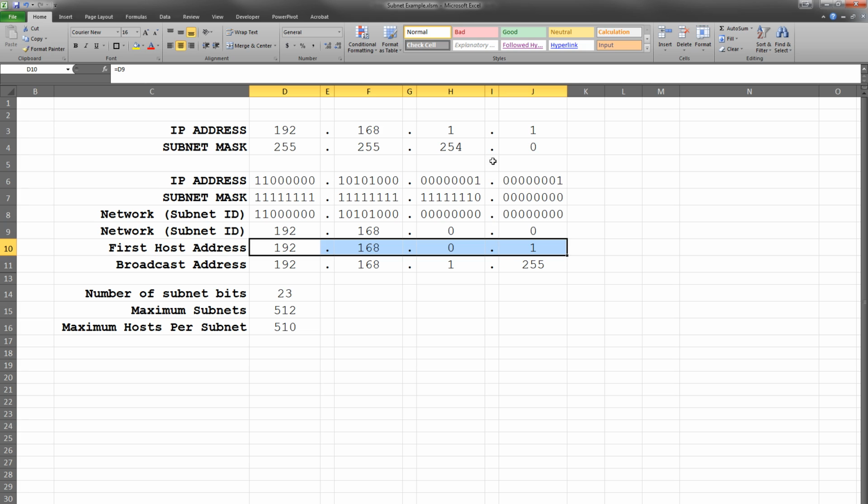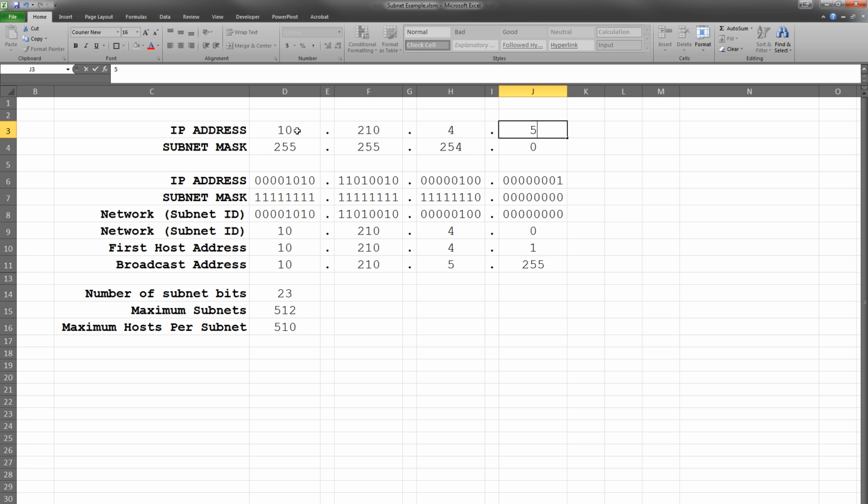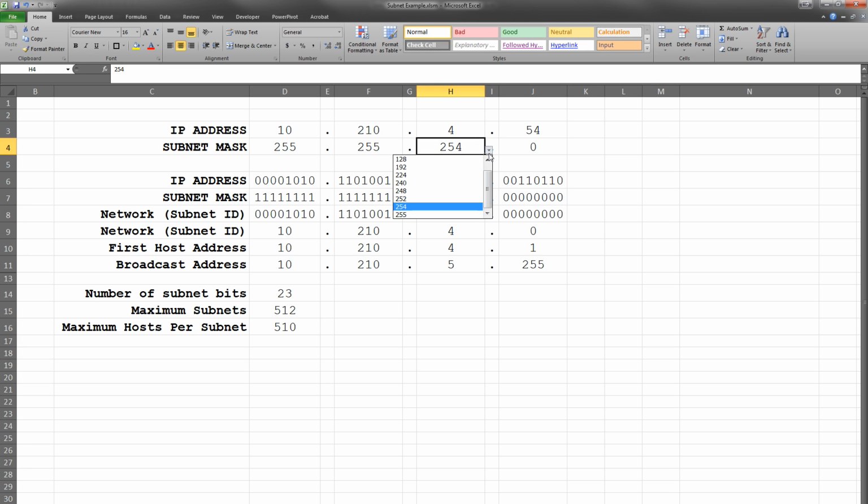All right, let me show you a little more complicated example. So let's pick an IP address. Let's do 10.210.4.54. And let's say our subnet mask in this case is 255.255.248.0. Okay, let's not do 248, let's do 240.